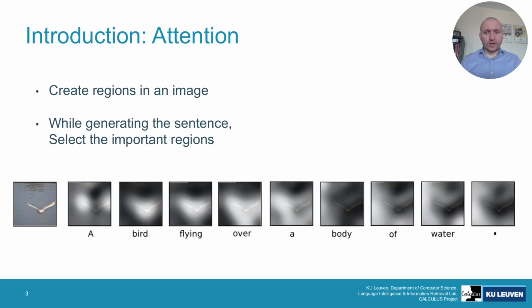Then while we process and generate the sentence, at each time step we do a soft selection over this set of regions to select the most important one. As we can see here in our figure, when we want to predict the word bird, we clearly attend to only the pixels where the bird is present, to that region.